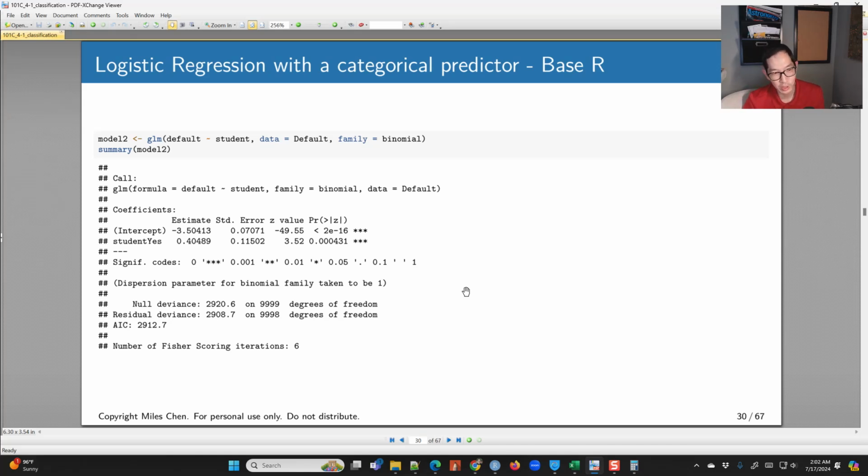So we have student, yes, and here we have a coefficient of 0.404, indicating that if the person is a student, they are more likely to default than if the person is not a student.